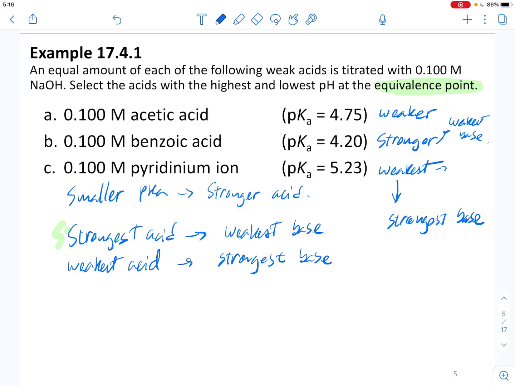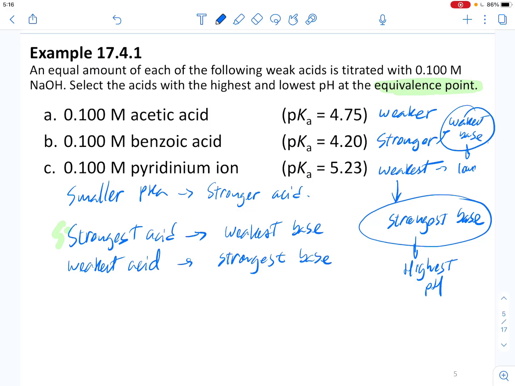Now if we want to determine the pH, at the equivalence point the strongest base will give you the highest pH and the weakest base will give you the lowest pH.